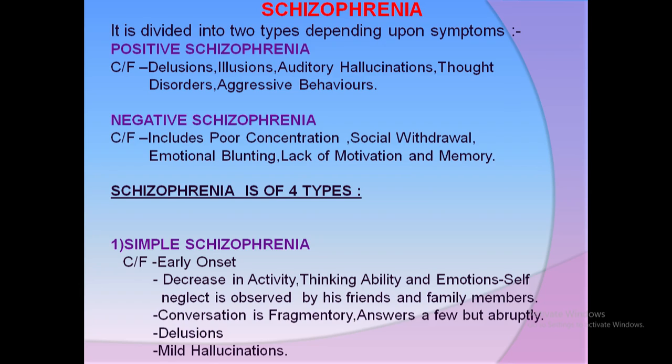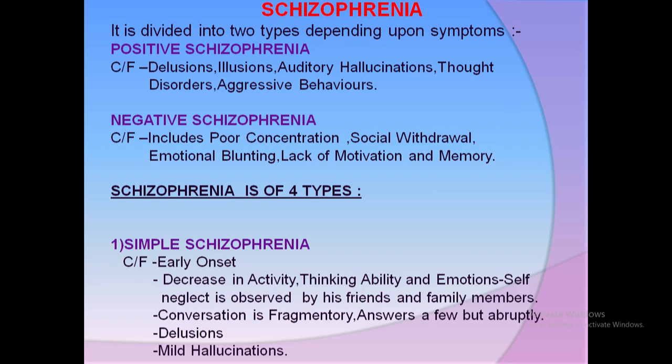Schizophrenia is divided into two types depending upon symptoms. That is positive schizophrenia, clinical features being delusions, illusions, auditory hallucinations, thought disorders, aggressive behaviors.